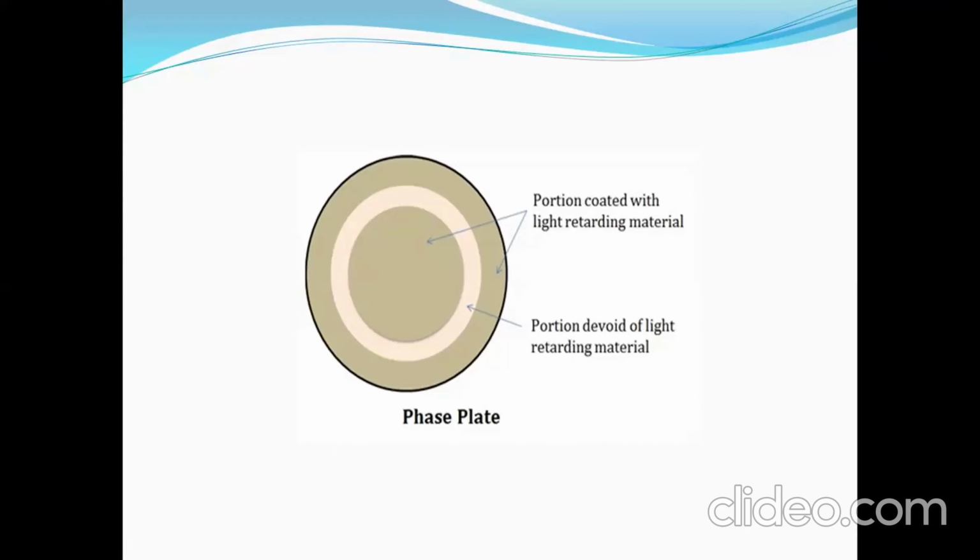So there is no need to stain the specimen; just by the way the light passes through this phase plate or phase ring, we can create a contrast. Okay, and that is the principle of the phase contrast microscope.